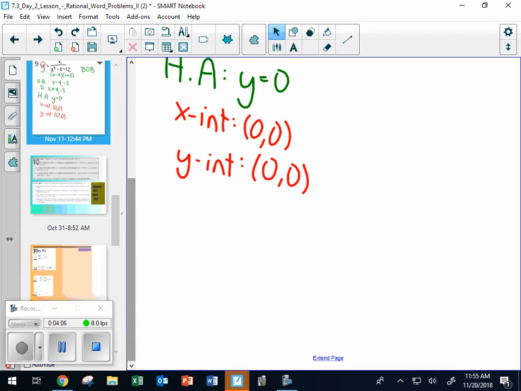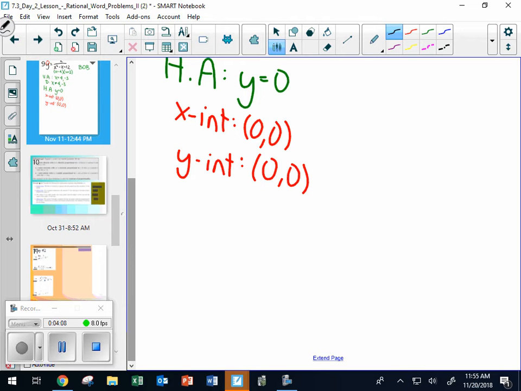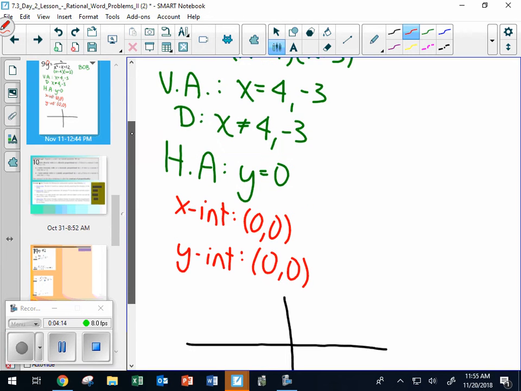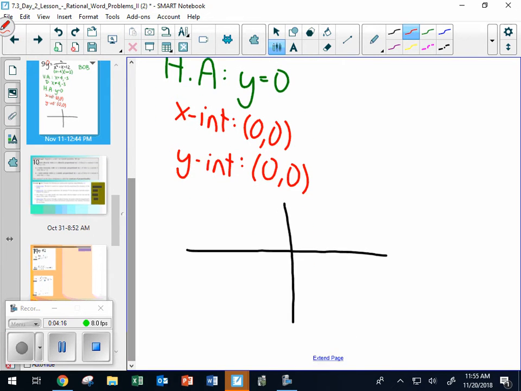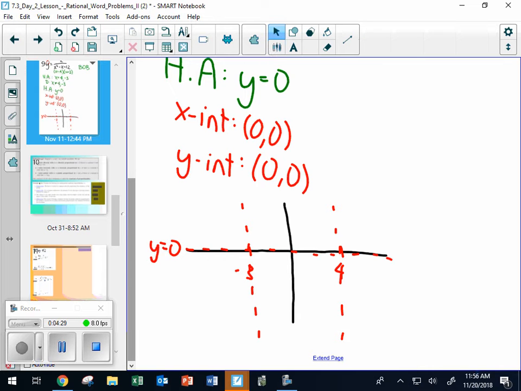So now we've got all of this information, and we can graph it. And when we graph this, we have our two vertical asymptotes, one at 4, one at negative 3. And we have a horizontal asymptote at y equals 0. And what important points do we need to add?